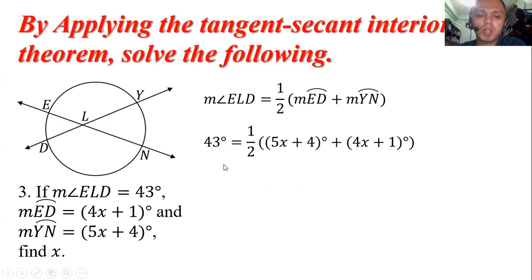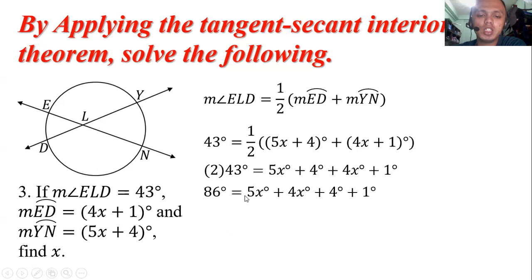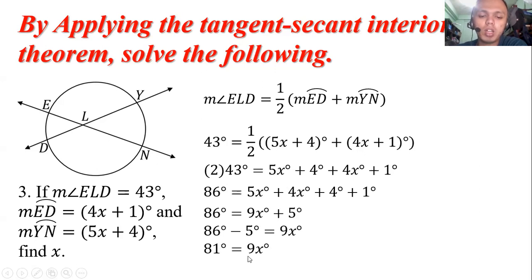Multiply by 2, 2 times 43, then remove the grouping symbols. 2 times 43 is 86. Combine the similar terms: 5x plus 4x is 9x, and 4 plus 1 is 5, so 9x plus 5. Transpose 5 to the other side, you have 86 minus 5 is 81. Then divide both sides by 9. 81 divided by 9 is equal to 9. So your x here is equal to 9.